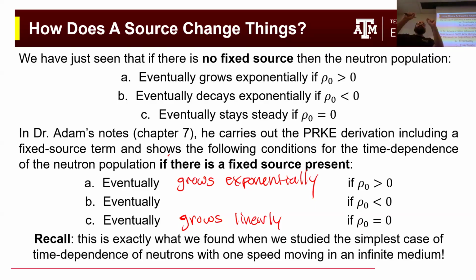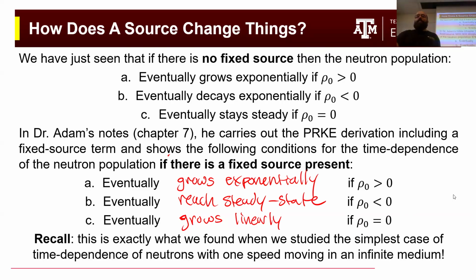So it's not going to go to zero. It's going to decay exponentially and then reach some new steady state, if the reactivity insertion is negative and we have a source.